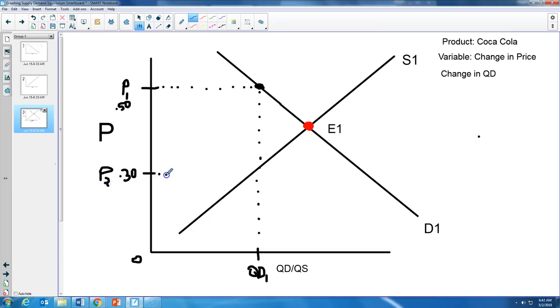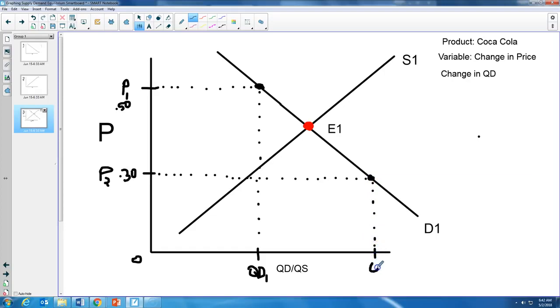Now, when you do your dotted line here, because we have two graphs, you're going to notice that we're going to actually go over the supply curve. So you just want to ignore it because we are dealing with only a change in quantity demanded based on the third step of who is affected first. So we'll again go out to the demand curve.